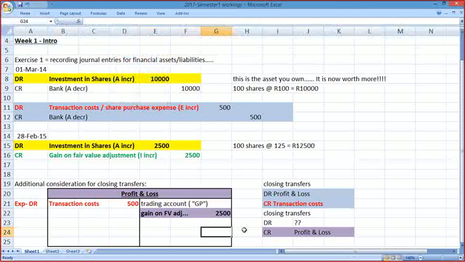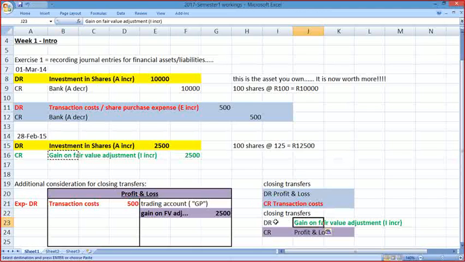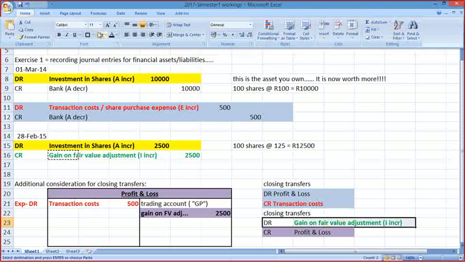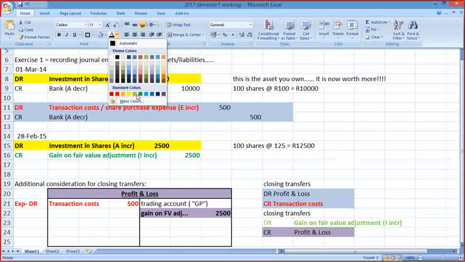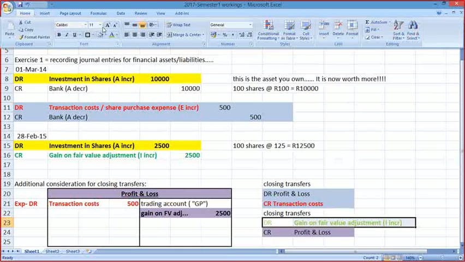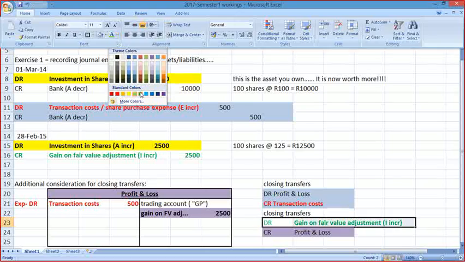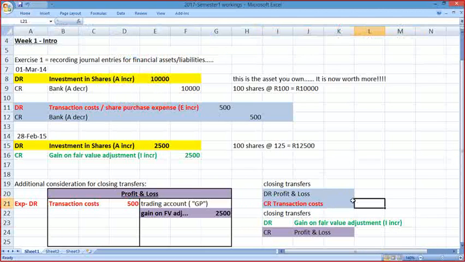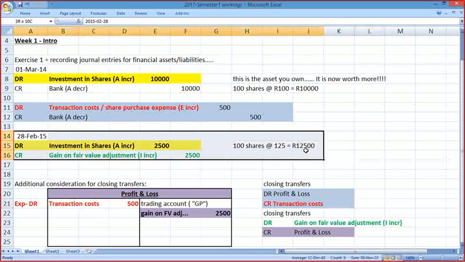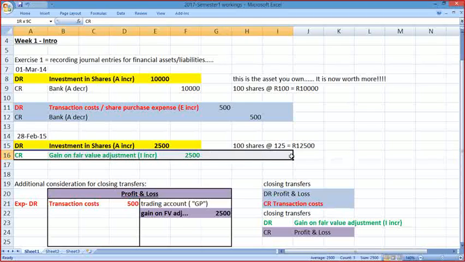Okay, and then debit what? Gain on fair value adjustment. Yeah, because that's what I've had to close, because that was the closing entry. So this account that I've got here, I've closed that.